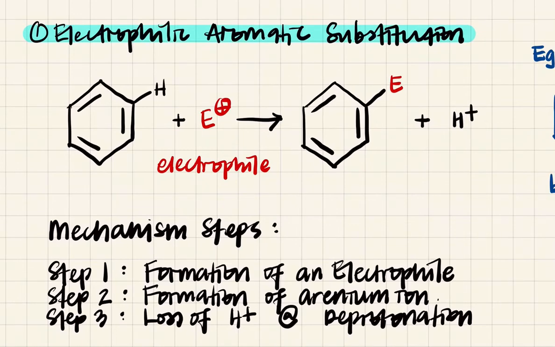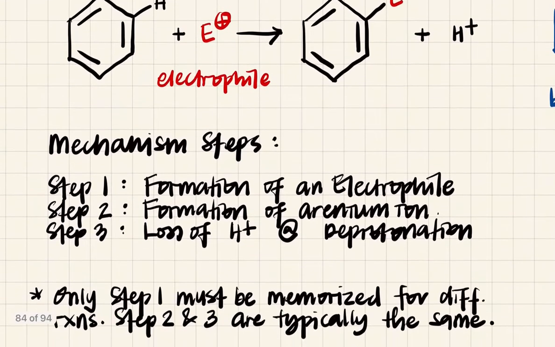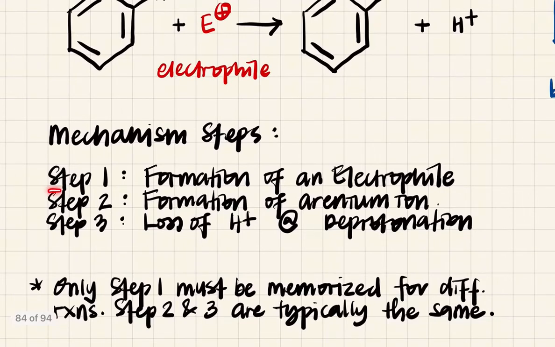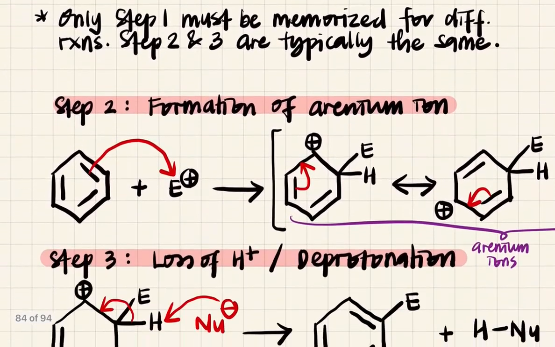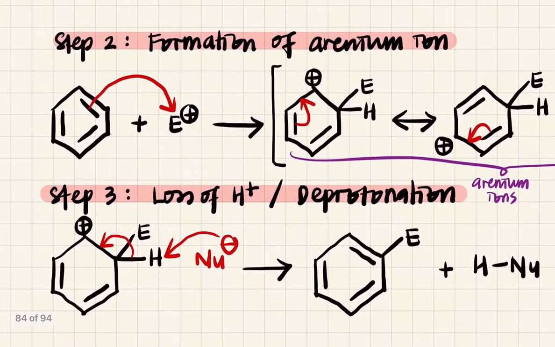So the first step is the only step that you have to really remember, the formation of electrophile, because your electrophiles will be different for each reaction. For step 2 and step 3, they are typically the same. Just that awak punya electrophile tu berbeza, tapi awak punya pergerakan curly arrow will be the same lah for those reactions. So let's look at step 2 and step 3 tu macam mana nampak dia.